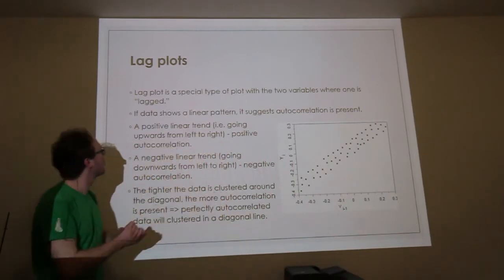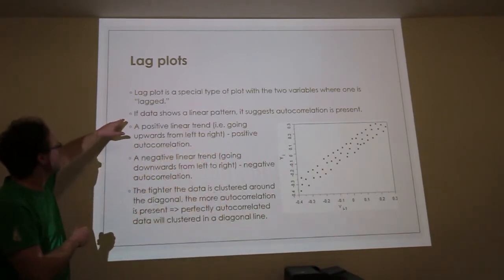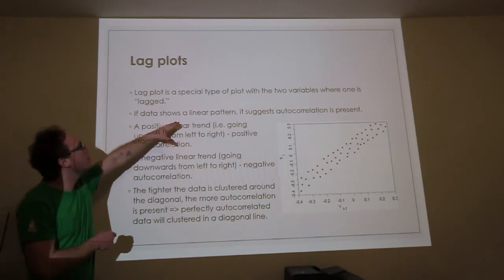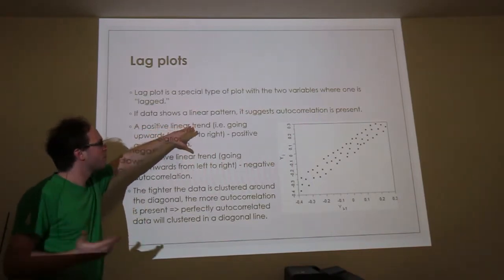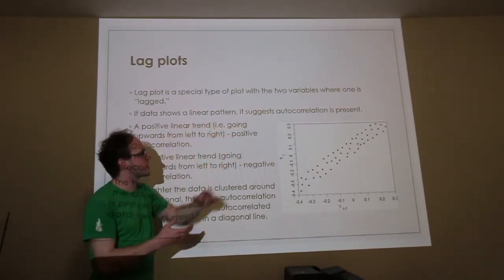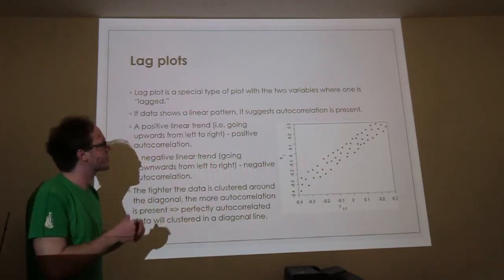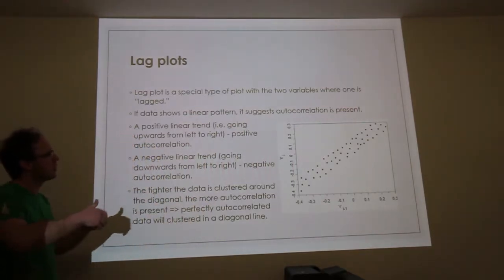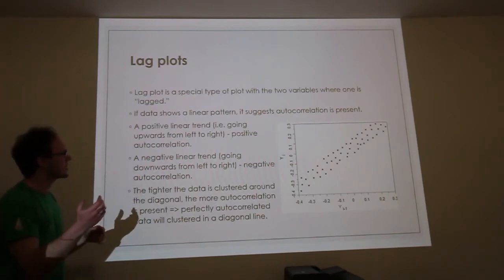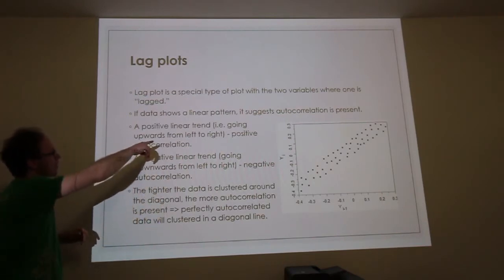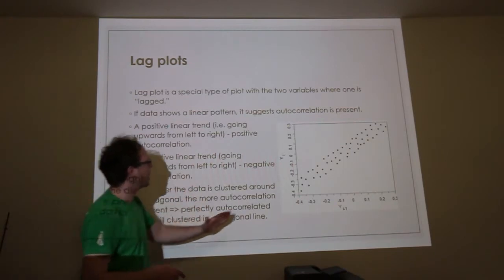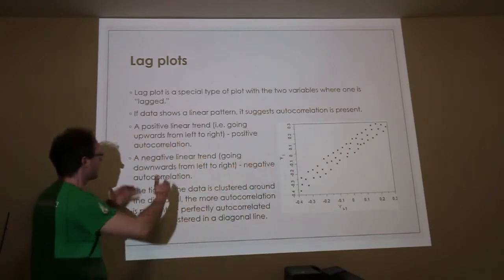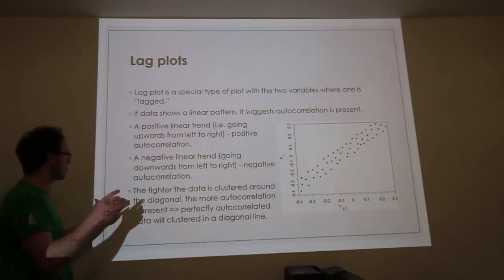So lag plot. If data shows a linear pattern, it suggests autocorrelation is present. A positive linear trend, it means going upwards from left to right, positive autocorrelation.